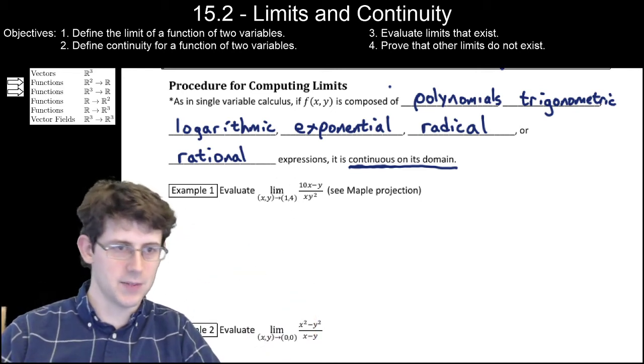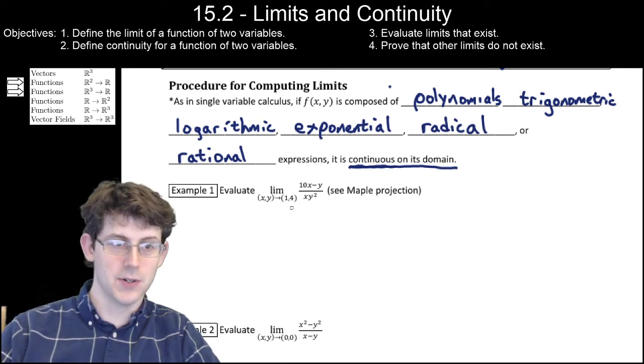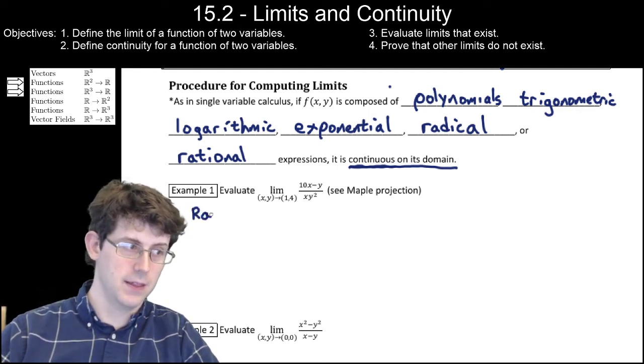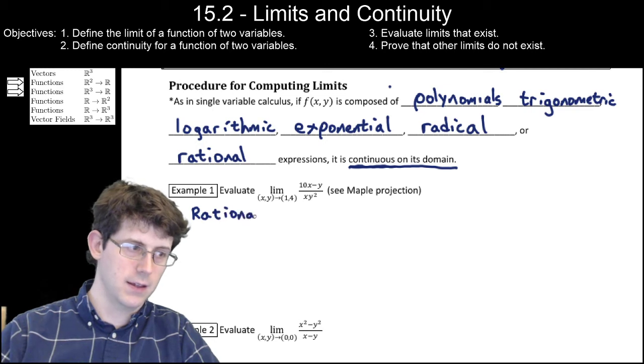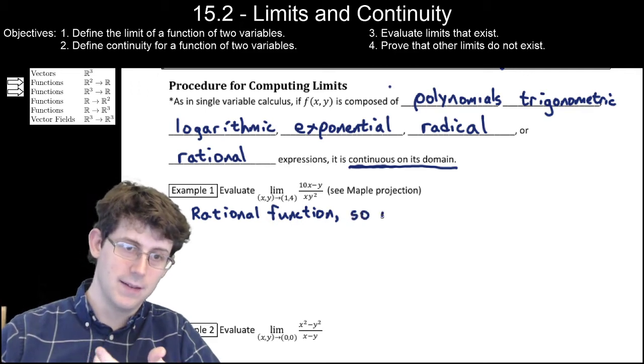So let's see how this works in practice. Let's find the limit as (x, y) approaches (1, 4) of this function. What you do is you say it's a rational function, so it's continuous on its domain.